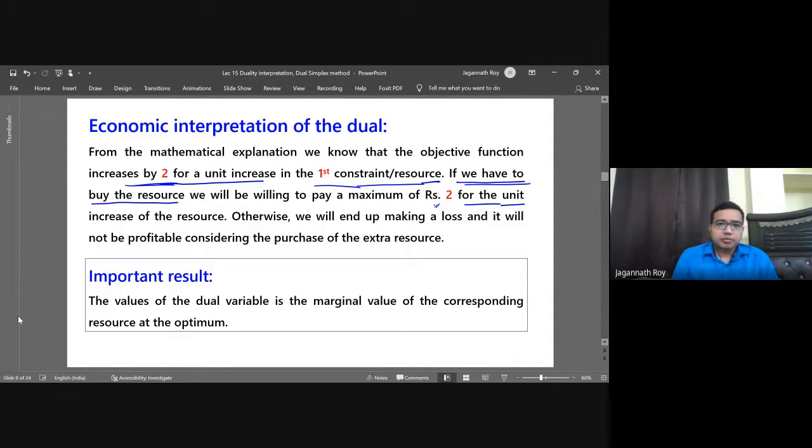Otherwise, if we pay more, then what will happen? We will be making a loss, or it will not be profitable, because at the optimum level, the dual variables are actually this much. Remember, we have to minimize for the dual variable. We have to minimize 5y1 and 12y2.